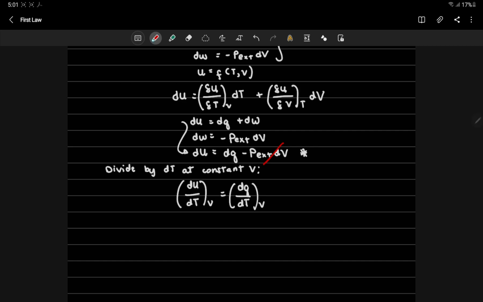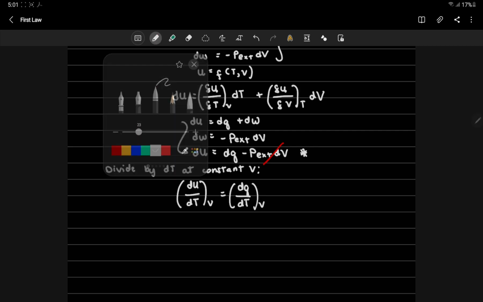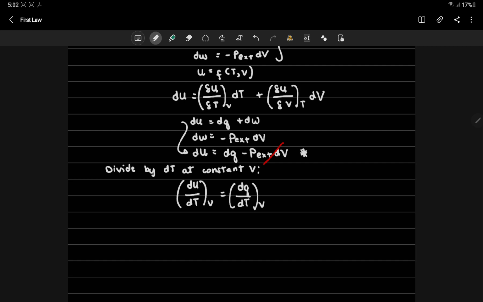Now, if you take a look at dQ over dT at constant V, siya yung tinatawag nating CV. Okay? So this thing here is called CV. And CV, ang tawag dyan is constant volume heat capacity. Okay? Kasi 'di ba, mayroon kang heat, dQ.